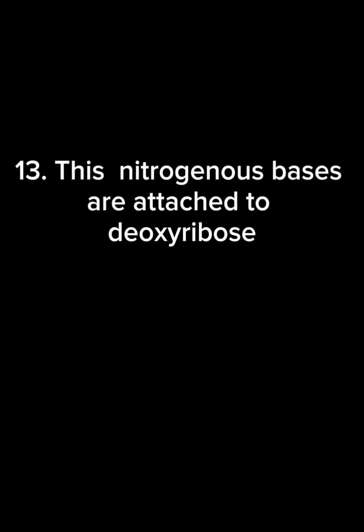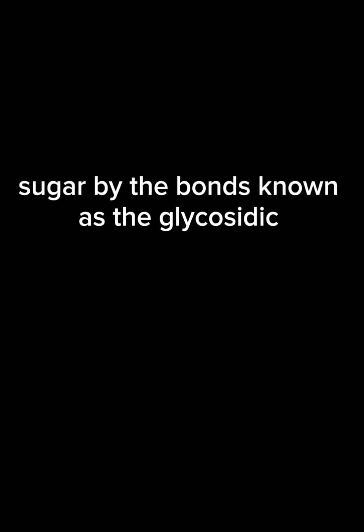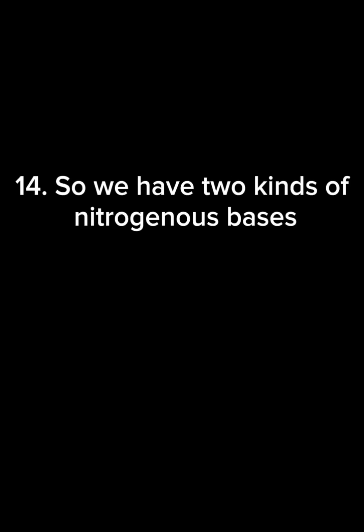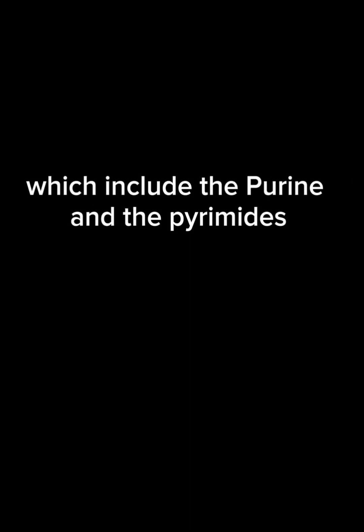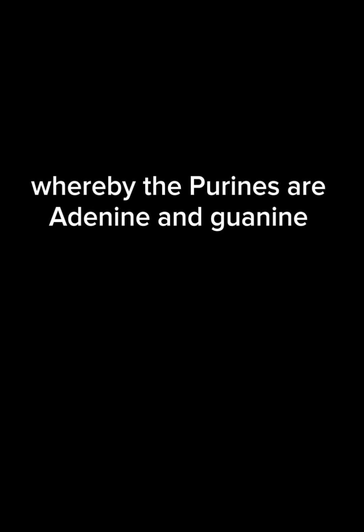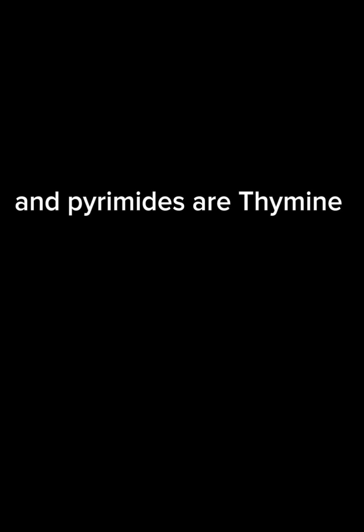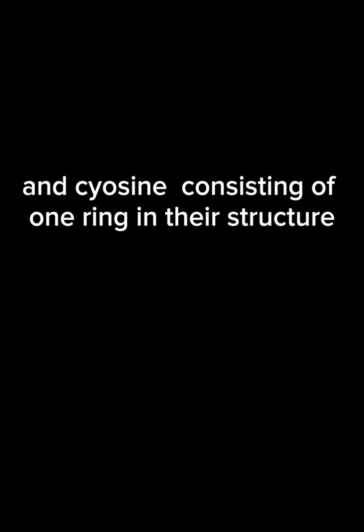These nitrogenous bases are attached to the deoxyribose sugar by bonds known as glycosidic bonds. We have 2 kinds of nitrogenous bases, which include the purines and the pyrimidines, whereby the purines are adenine and guanine, consisting of 2 rings in their structure, and the pyrimidines are thymine and cytosine, consisting of 1 ring in their structure.